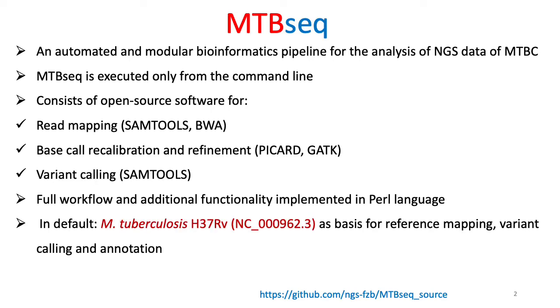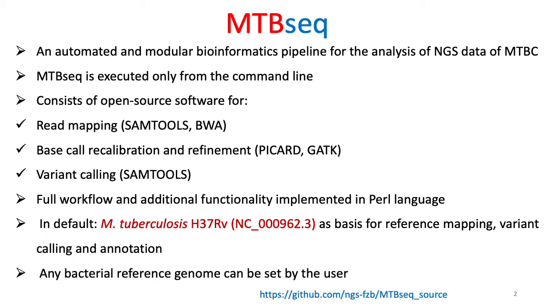The modular architecture of MTBseq allows the pipeline to be fully customizable, including swapping out or adding an entire complete functional module. Per default, the pipeline uses the genome of Mycobacterium tuberculosis H37Rv as a basis for reference mapping, variant calling, and annotation.